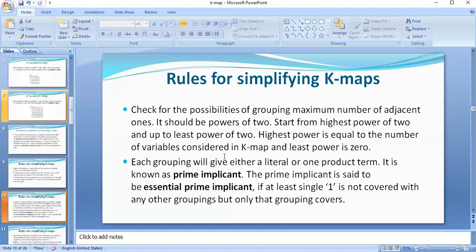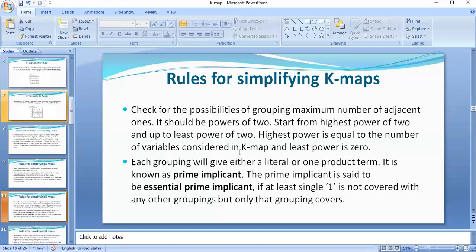After grouping, we get the simplified SOP expression, or we may get the simplified product of sums expression, depending on the number of minterms or maxterms we group. If the number of variables is more than 5, the K-map method of simplification is also difficult.